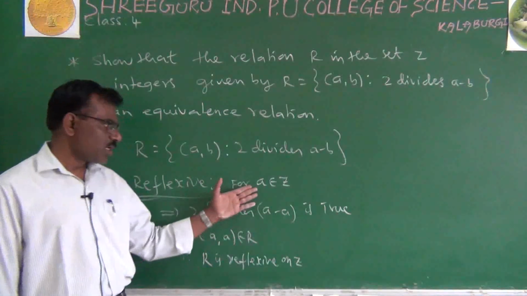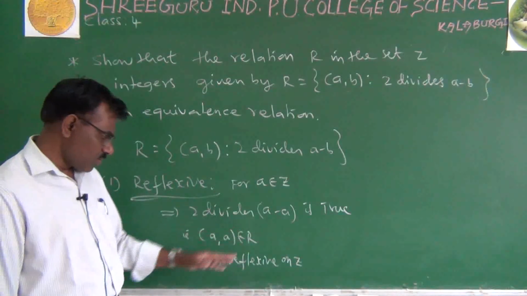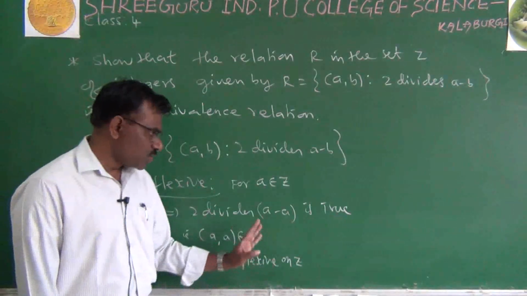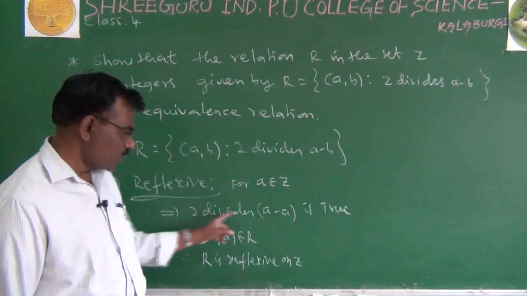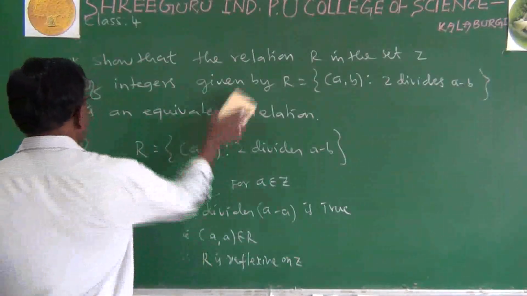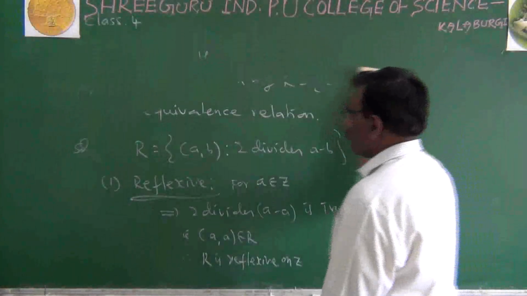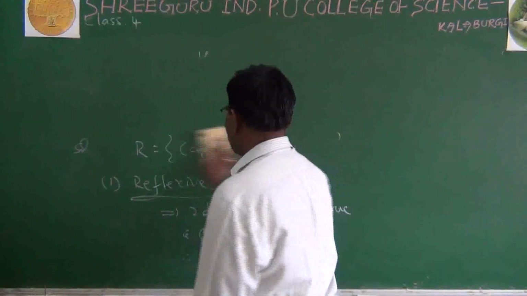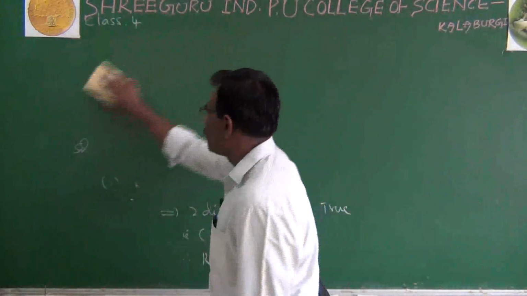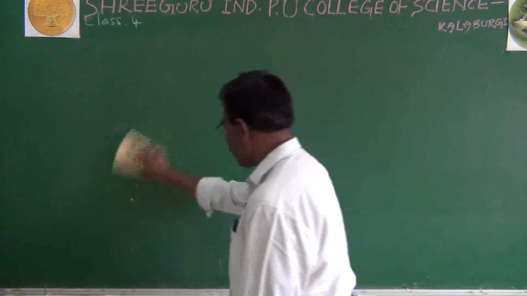So I am taking A belongs to Z, 2 divides A minus A, that is (A, A) belongs to R. Therefore R is reflexive on Z. It is true because 2 divides 0 is always true. 2 divides 0 means 0 is divisible by 2. Now it is reflexive.